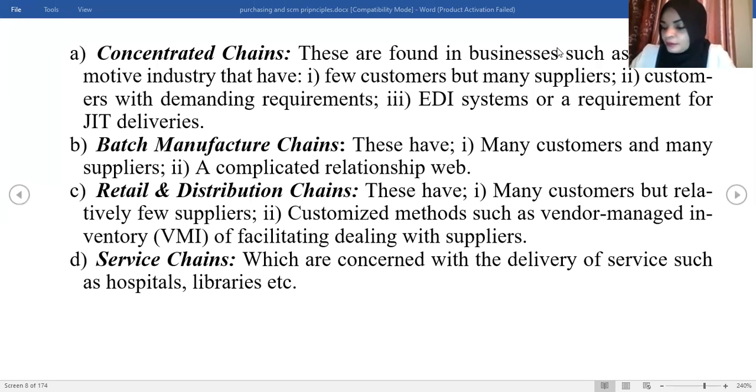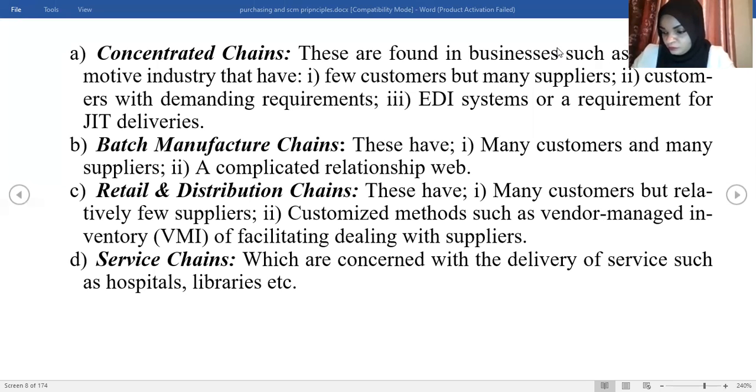Then we also have the service chains. Service chain, this is common in the service industries like the hospitals, where their main focus is the services that they are going to give you. Then we also have libraries.